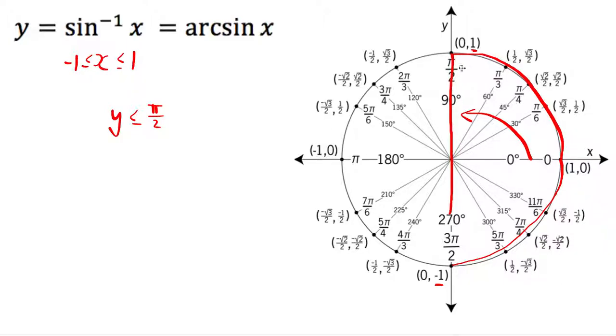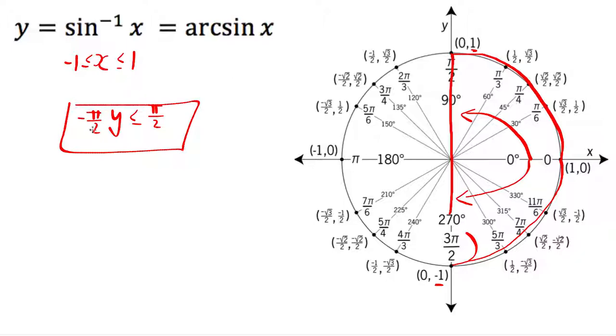That's the largest that I can have. Now if I go in my negative direction, then notice I get down here, but I don't say 3 pi over 2. Because if I get 3 pi over 2, then I could have anything over here as well. And that's not the case. Remember, we're avoiding those because those are duplicates. So I move in the negative direction, and I get negative pi over 2.